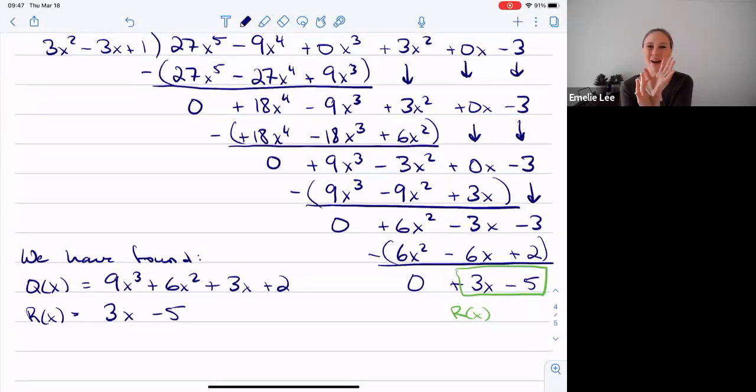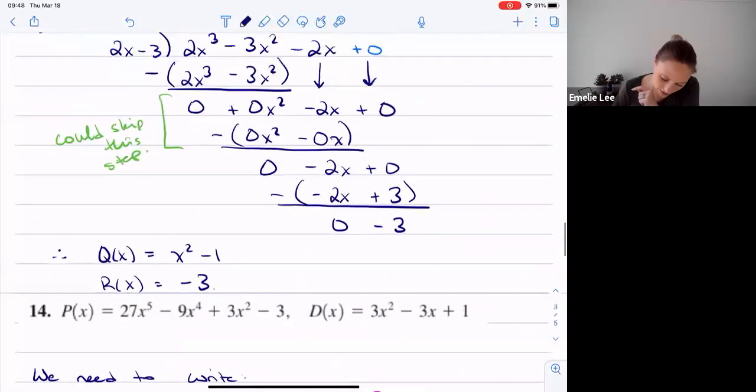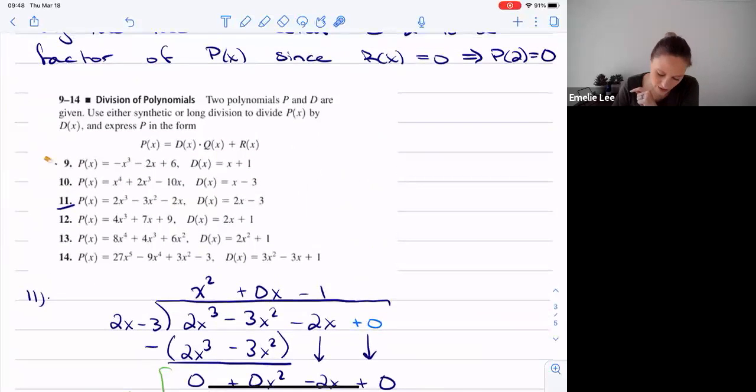And then now you can take those bits and construct the answer in either of the two ways that it asks for. I think for these questions, they wanted you to write p of x equals d of x, so that's the one that we were dividing by, times q of x, which is the quotient that we just found, plus r of x.